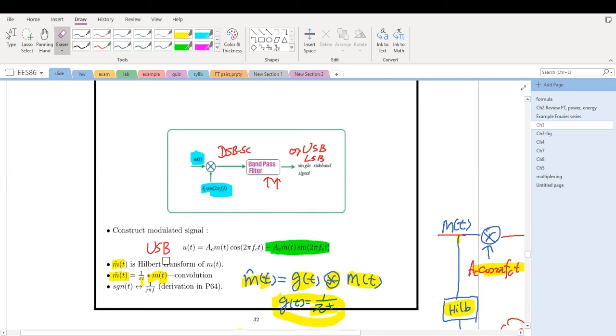The upper sideband modulated signals can be implemented using the Hilbert transform. So this will achieve the upper sideband modulation. If we want to have the lower sideband modulation, we change the sign of this Hilbert transform term.